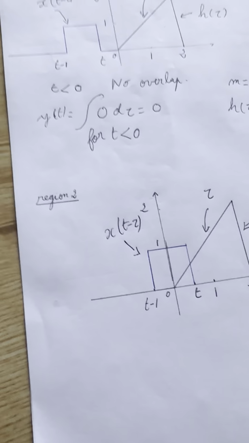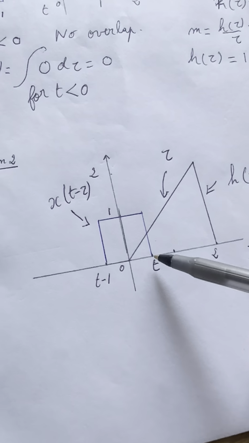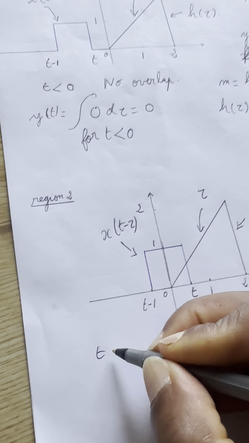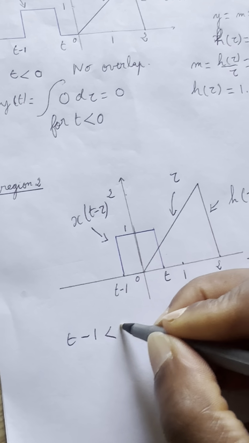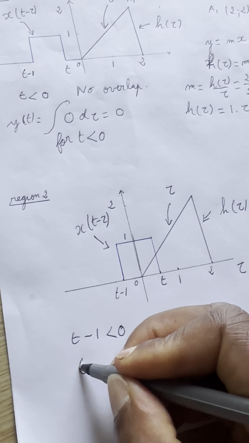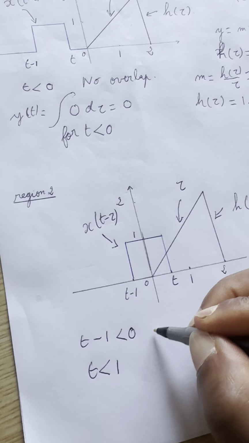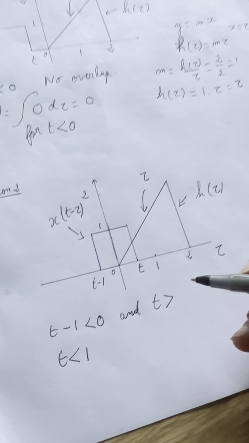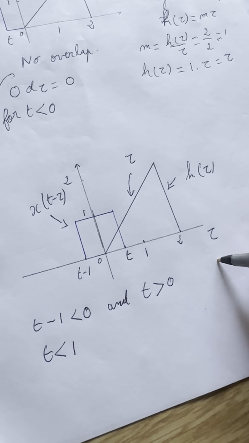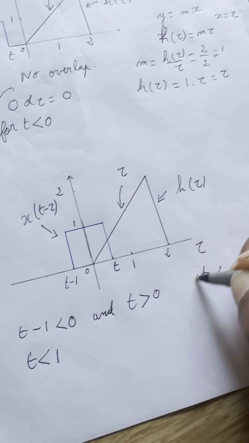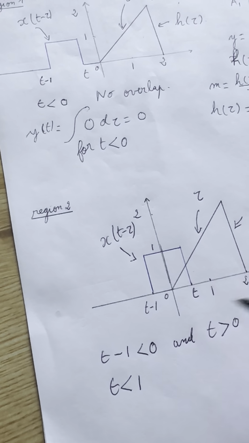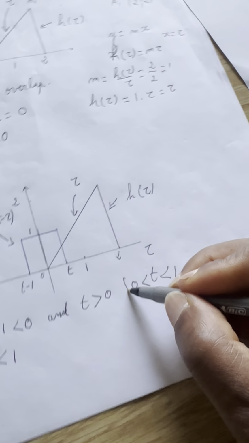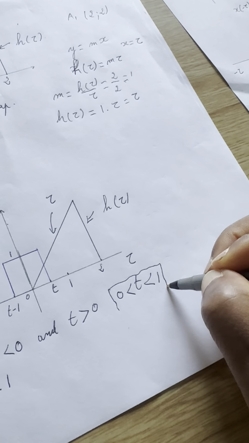When you move to the right, the t is here. So we can see t minus 1 is less than 0 here, so t is less than 1, and t is greater than 0. So t is between 0 and 1.